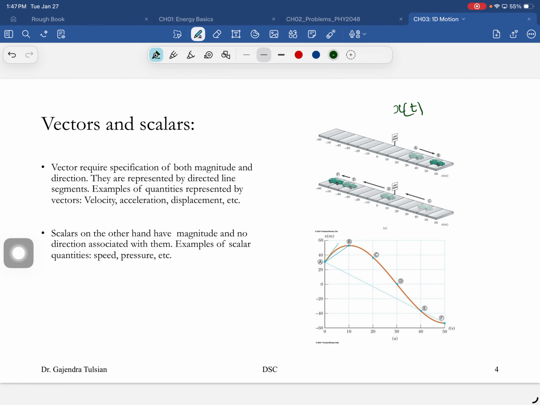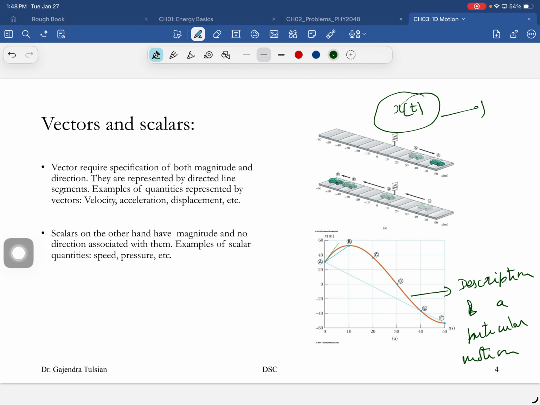The time derivative of this is 90t plus 14. Again, that's what we're going to learn in the next two chapters.